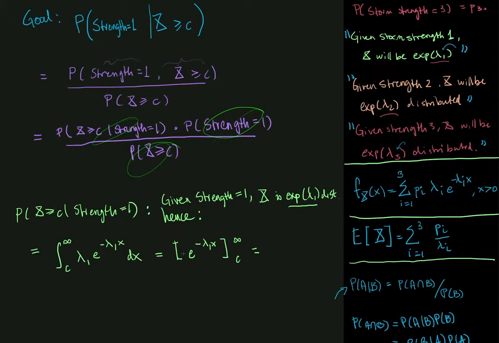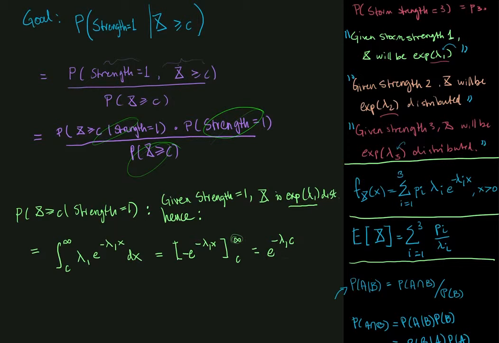Oh wait, I also have a minus here, yes, because I take minus lambda 1 down. And this will give me 0 minus minus c, 0 for the upper bound, minus e to the minus lambda 1 c. So this probability here is just given by e to the minus lambda 1 c.